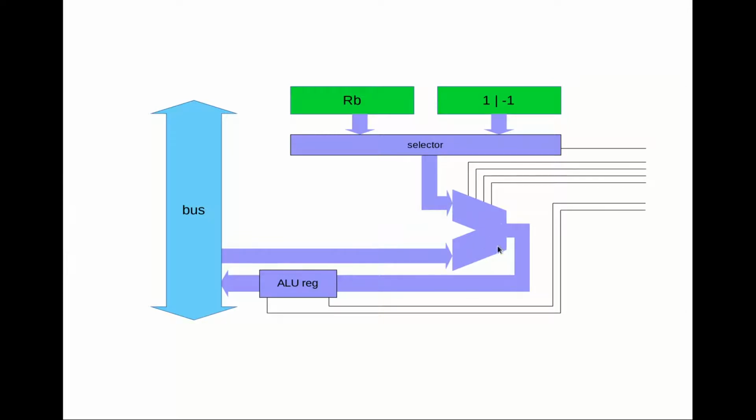It'll perform that addition because of its internal combinational logic, and that result will be on these wires. And so then the control logic is going to tell this register to actually latch that value, to perform a write into that register, not from the bus, but from the output of the ALU.